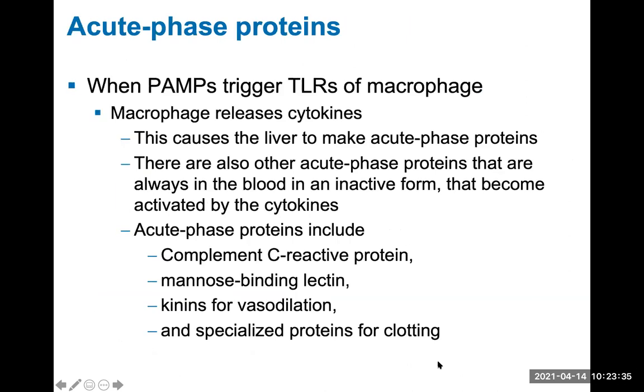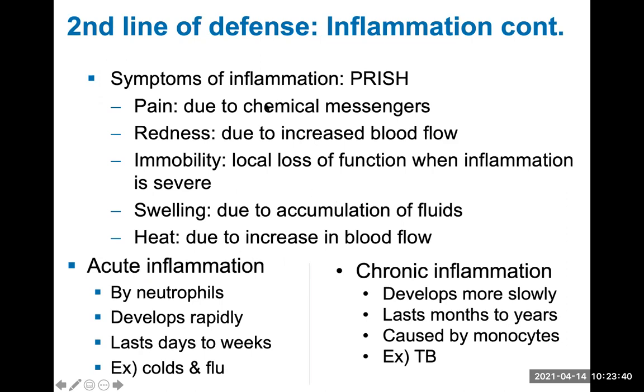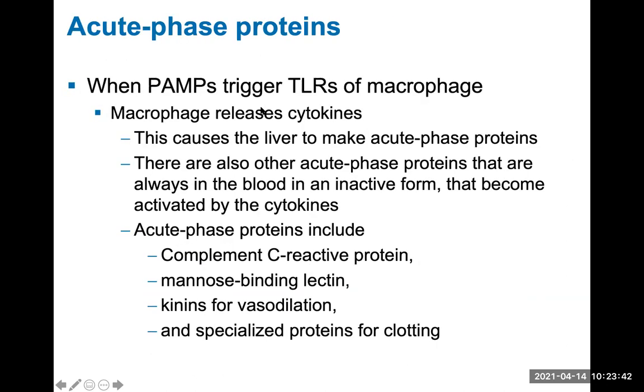So how does this whole process get started? I mentioned tissue damage, and that's true. When cells are damaged, they'll release cytokines. We also have macrophages and neutrophils that are constantly checking the area for invaders.